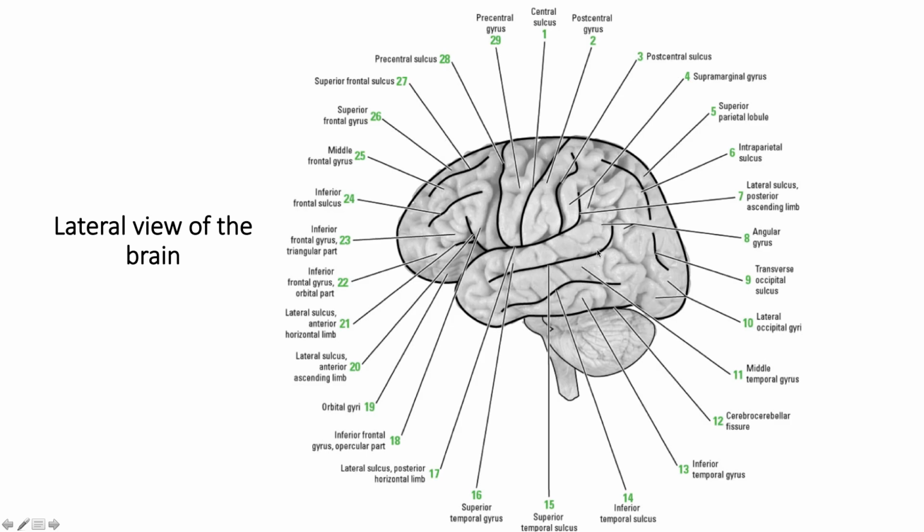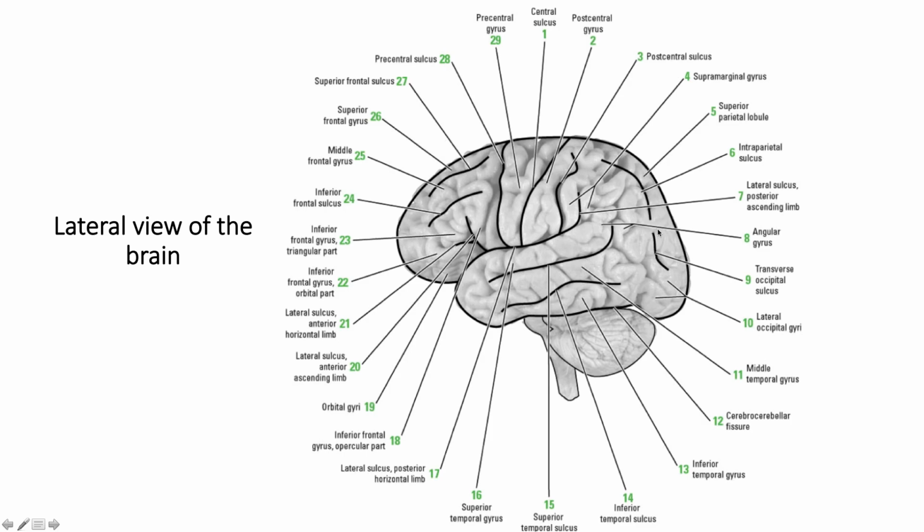So we have the superior temporal sulcus and inferior temporal sulcus. At the end of the superior temporal sulcus, you have the angular gyrus. And then a little bit above that, you have the superior parietal lobule, and the intraparietal sulcus is right here.